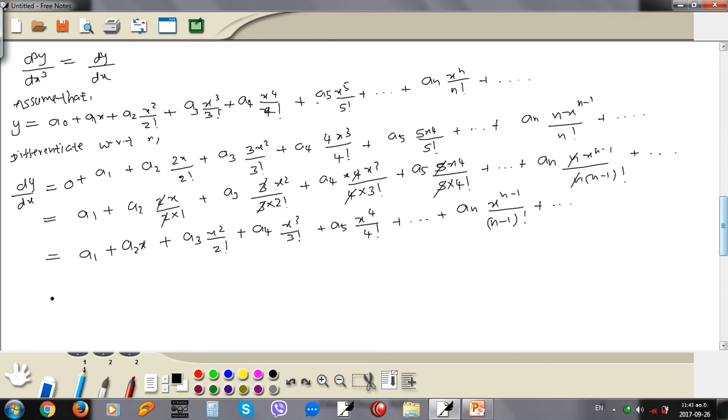Right? So now we found dy by dx. It is given that dy by dx equals d cube y over dx cube, so we need to find d cube y over dx cube. Then we have to differentiate again with respect to x.